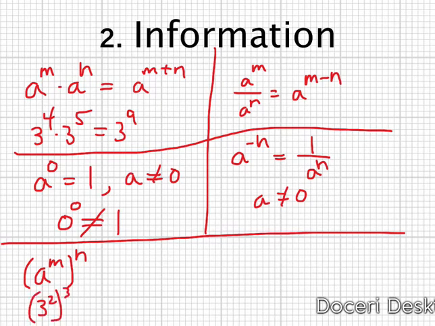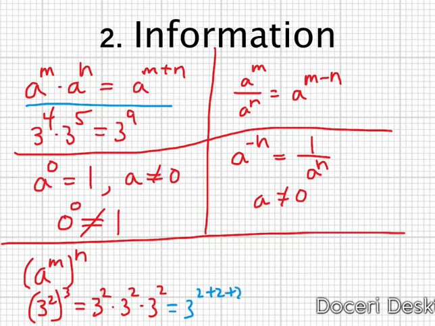Well, the outer exponent is what I look at first. That tells me I have 3 squareds times itself. So 3 squared times 3 squared times 3 squared. And following the above property from before, this is going to be the same as 3 to the 2 plus 2 plus 2, which is 3 to the 6th.